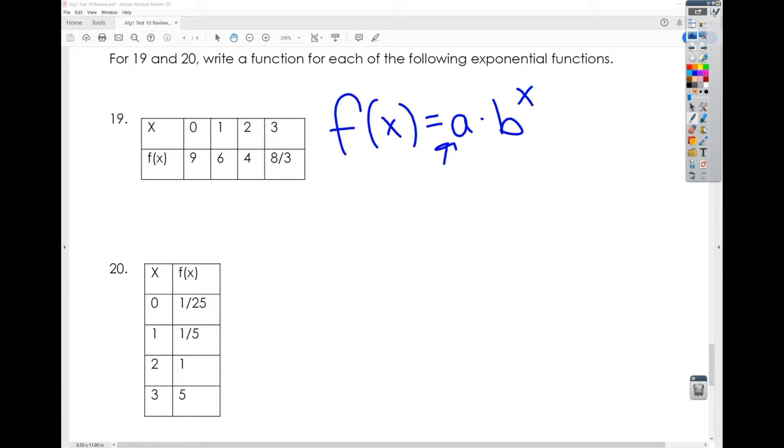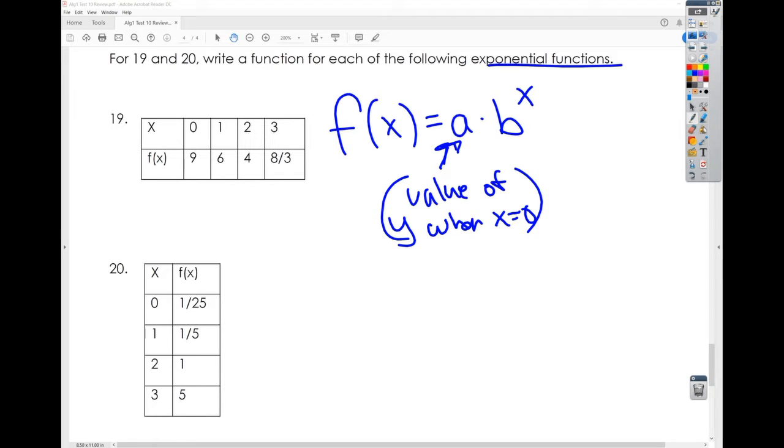In this case, a is going to be the initial value, and that is the value of y when x is 0. A big difference between an exponential function and a geometric sequence is what that value of a represents. Now, b represents the same thing. It is the common or constant ratio multiplier value.